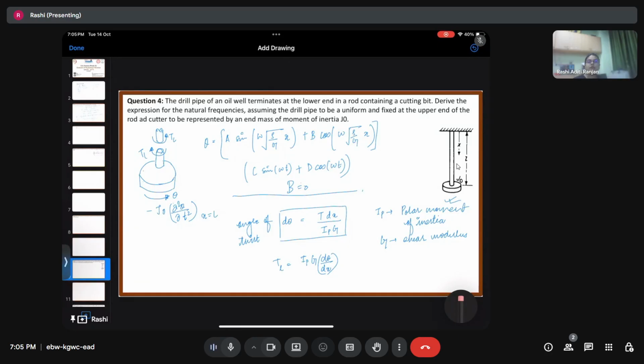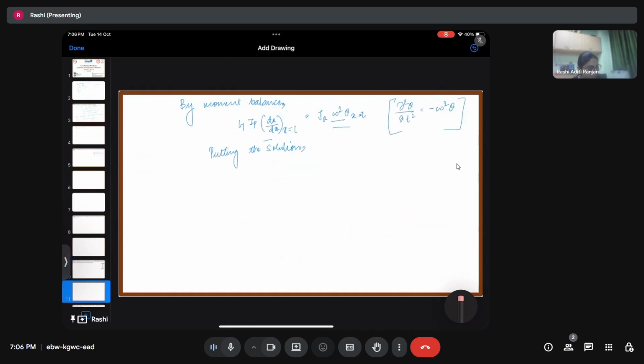Since we have already found out that at the fixed end theta is 0, b is going to be equal to 0. Then only it is possible, because b sin omega t will go to 0 because of sine of 0. So the b term will already go, only the component for the a part will remain, and a also appears on both the sides, so it will also get cancelled.